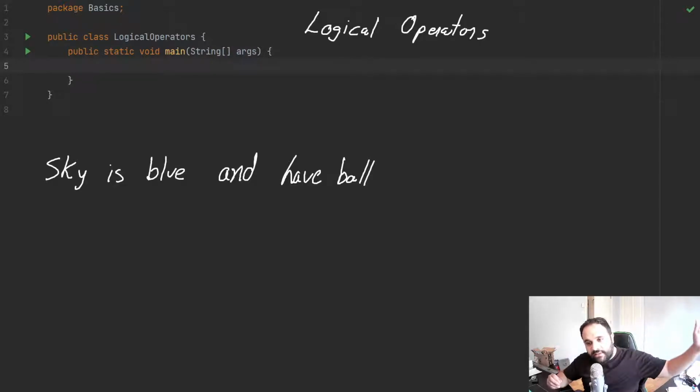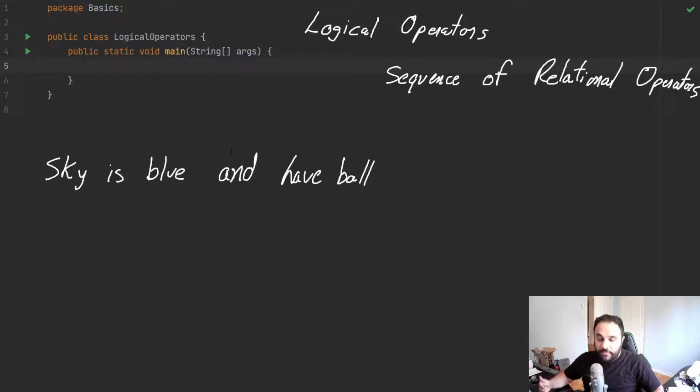If the sky is blue and I have a ball, then I could go outside and play something, right? To be able to do multiple relational operators together, we bind them with these logical operators, right? It allows us to have a sequence of relational operators, as many as we want.